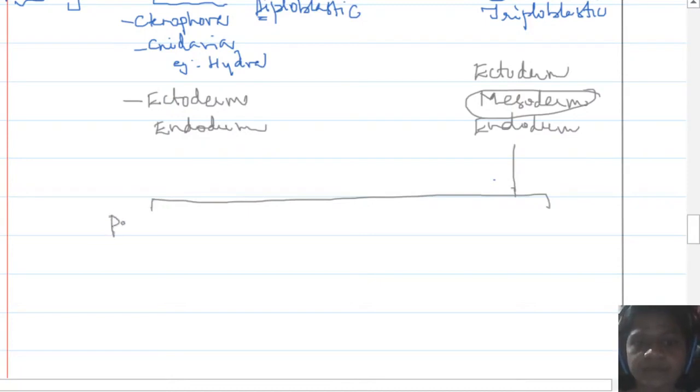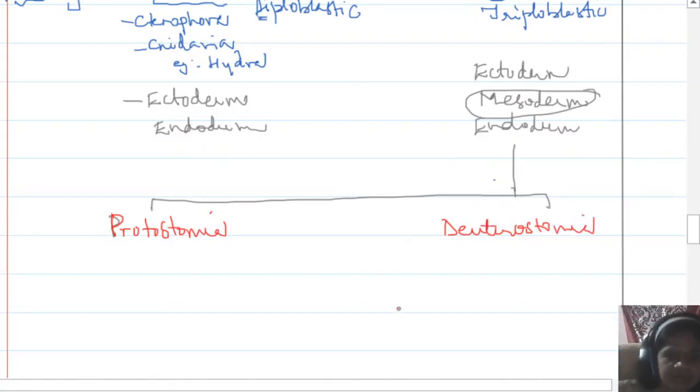That is protostomia and deuterostomia. This looks confusing, but if you actually try to understand it, it's pretty clear. Proto means first. Stomia means mouth.